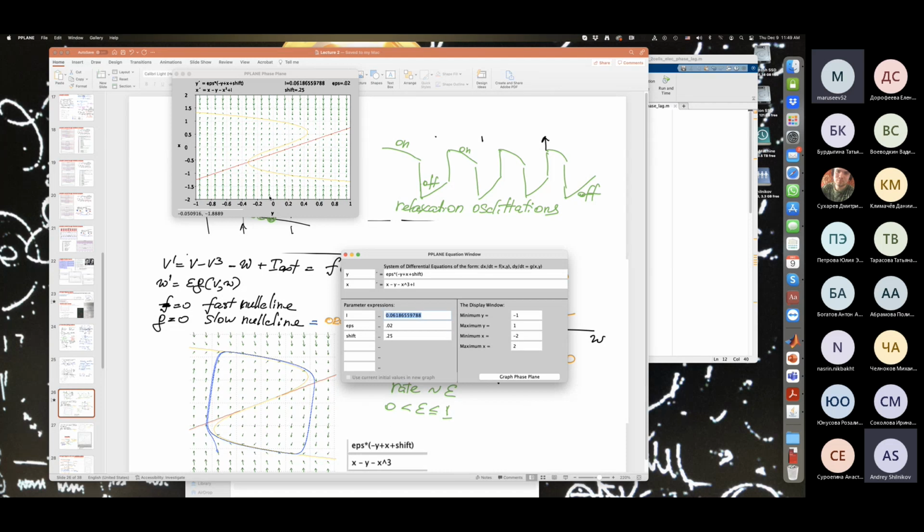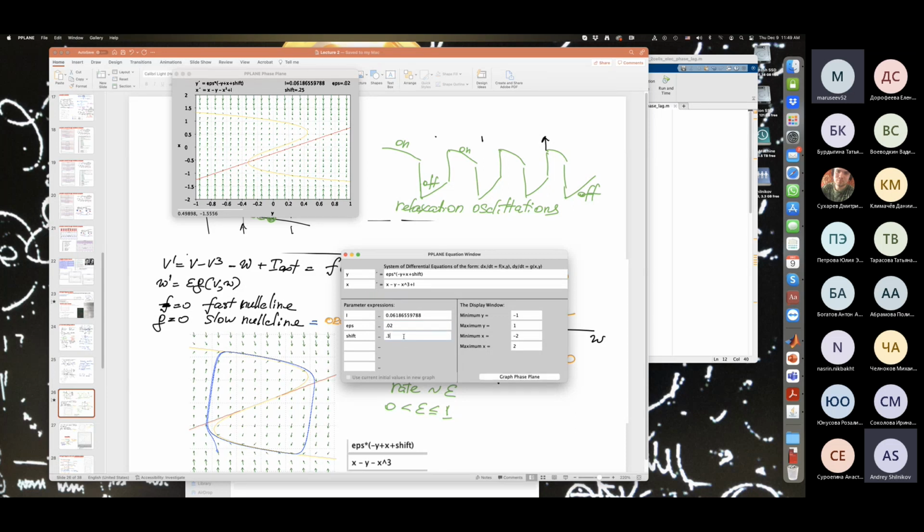Okay, so all I need to get oscillations, I want to make sure that I have a current. Let me double check, epsilon, I keep it small, in this case 0.02. Shift just shifts this red line up and down, okay. So all I need to do is shift it down.